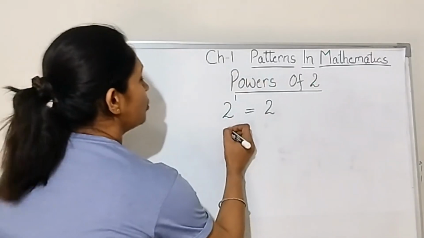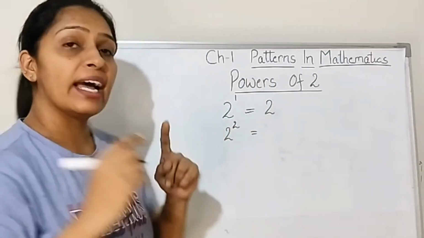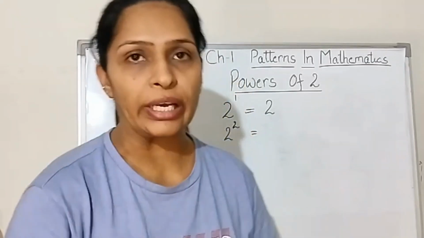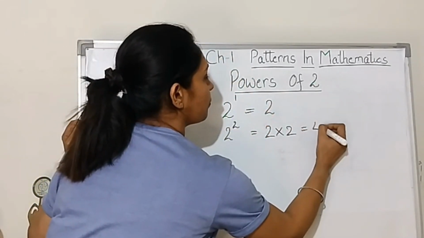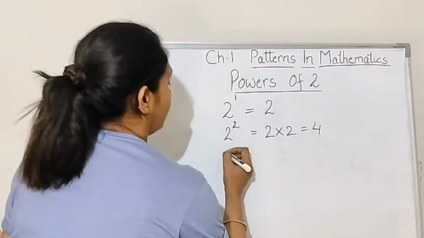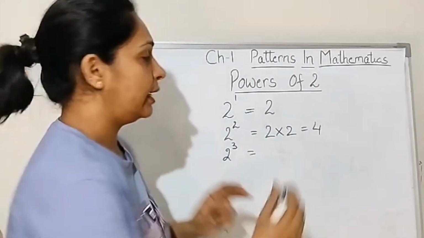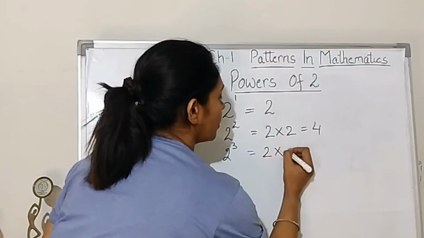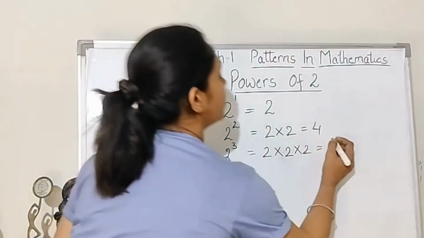If I am saying 2 power 2, it means I have to multiply 2 two times, that is 2 multiplied by 2, which is 4. If I say 2 power 3, it means I have to multiply 2 into 2 into 2, that is 3 times, which is 8.